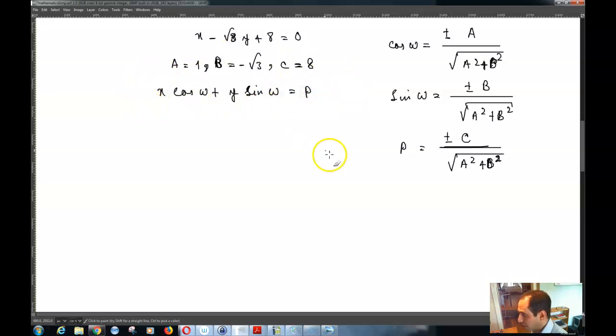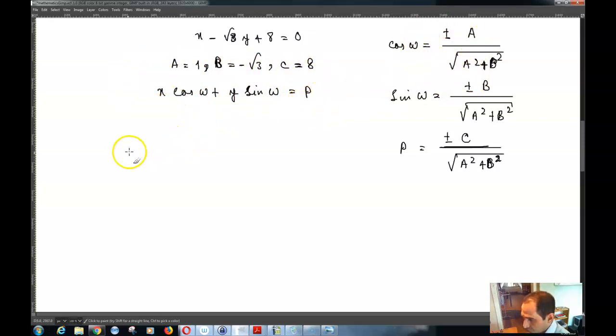Let me do that for this one example, so pay attention to the process, to what happens here, and then based on that you will know what to do the next time.